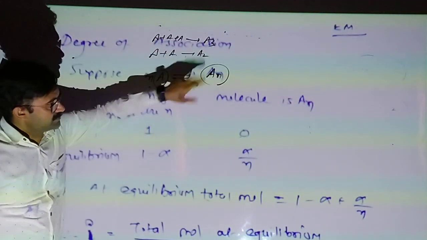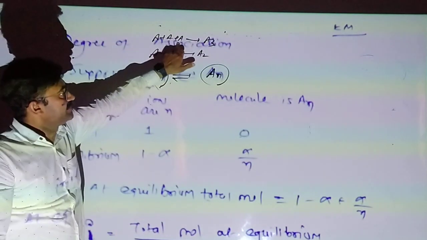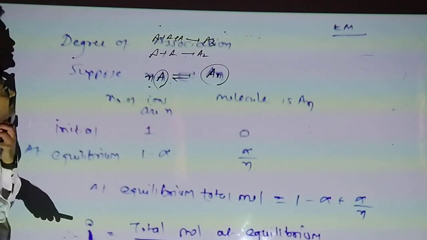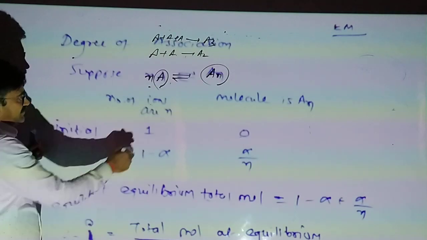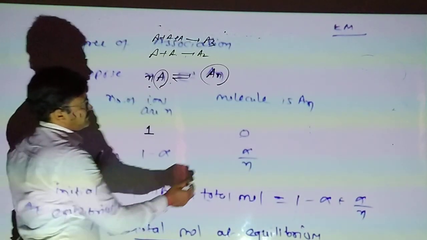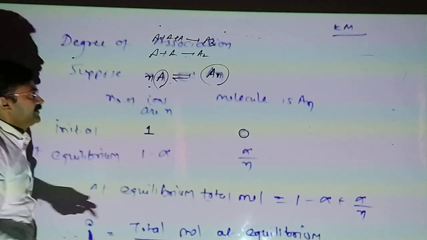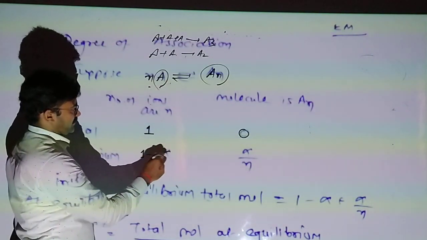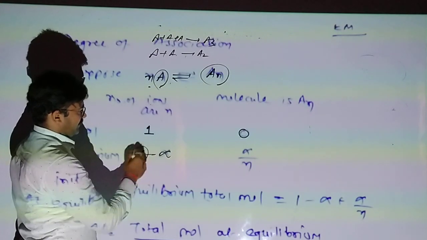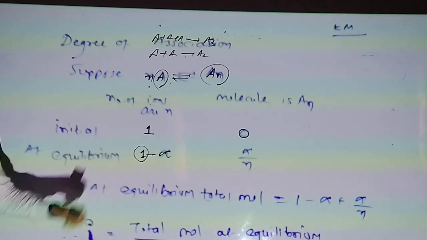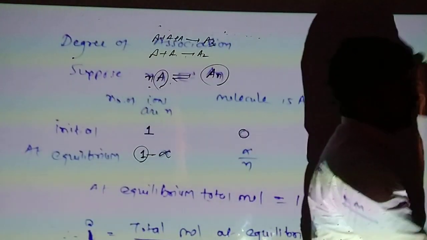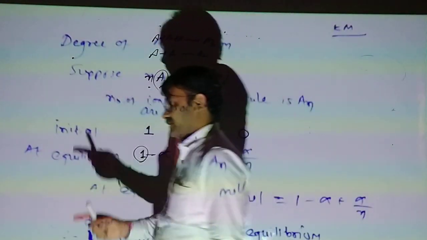Suppose 2 mole હોય તો 1 mole particle થઈ જાય, 3 mole હોય તો 1/3 થઈ જાય. Like this. So number of ions are suppose initial 1 and initially product is 0. At equilibrium, suppose alpha portion out of 1 we are subtracting from 1. 1 is the main part, assumed 1 part.